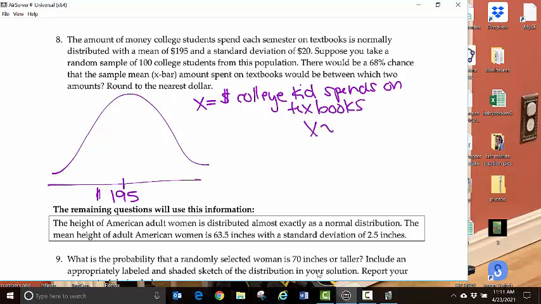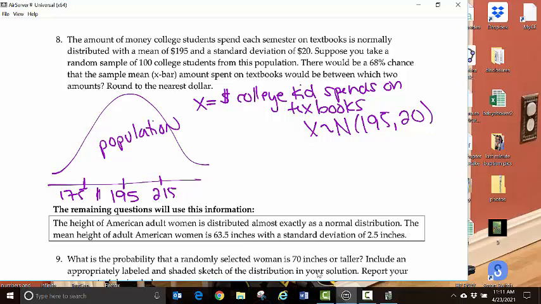X is approximately normally distributed with a mean of 195 and a standard deviation of 20. Okay? So you would have 215 this way, 175 this way, something like this. This would be for the population. You guys good with that? This is what we did on that yellow warm-up. This would be question number 1, the population of cranes.